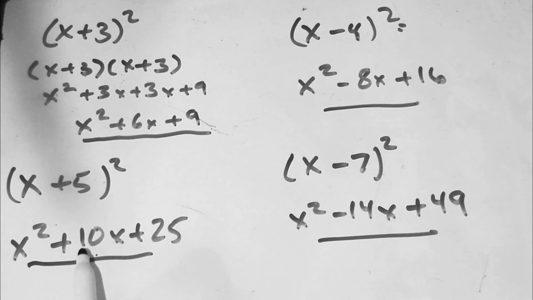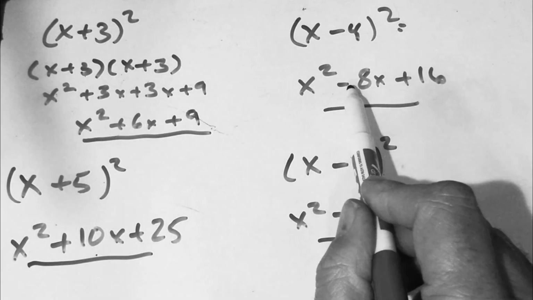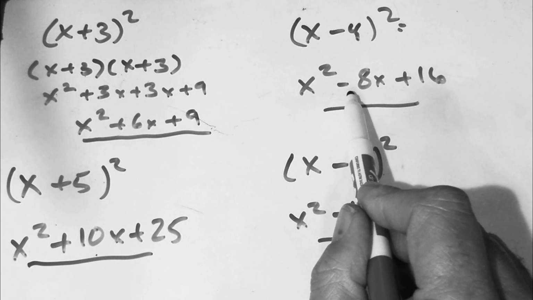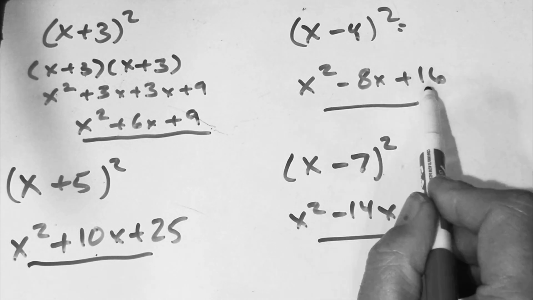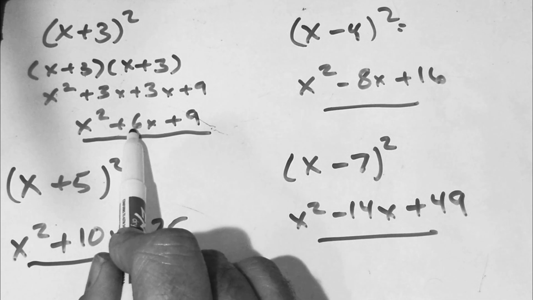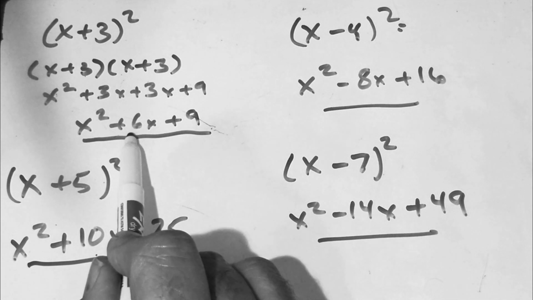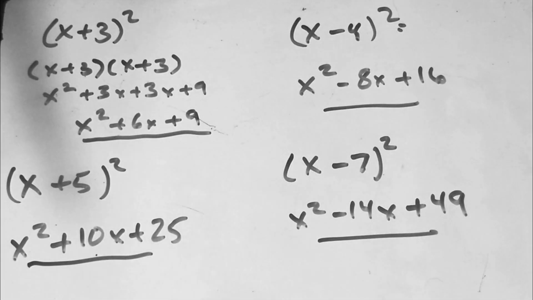You take half of the middle and you square it, and you should get the last term. Half of negative 14 is negative 7. Negative 7 squared is 49. Half of negative 8 is negative 4. Negative 4 squared is 16. Half of 6 is 3. 3 squared is 9. It's really important that you recognize these as perfect square trinomials.